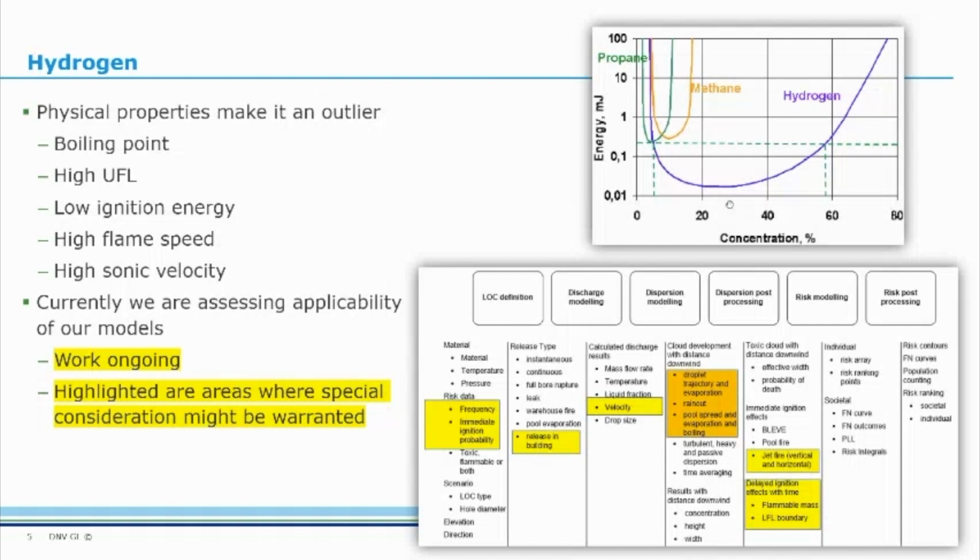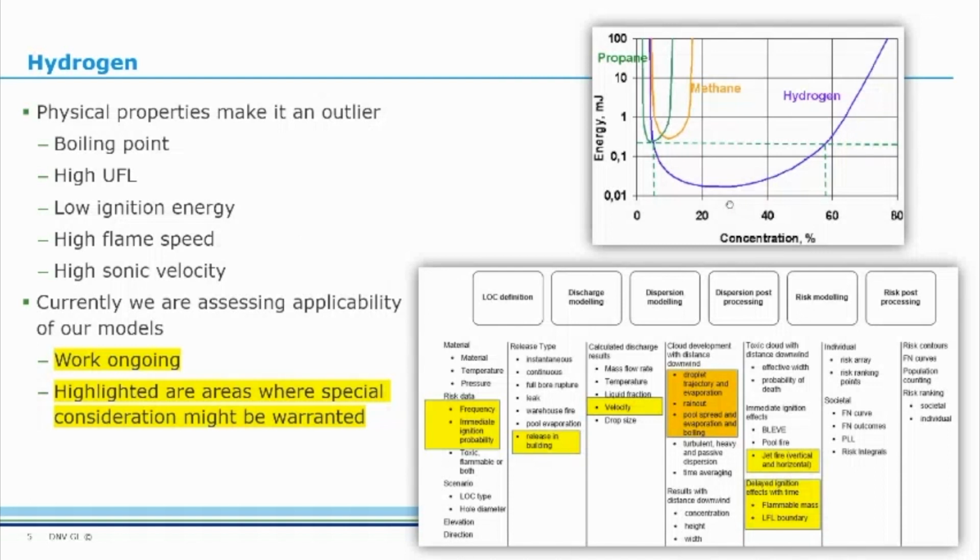It shows that the energy required to ignite hydrogen is much lower over a wide range of concentrations than typically methane or propane, and also it has an extremely wide range of flammability. So this makes it stand apart somewhat from the standard hydrocarbons.